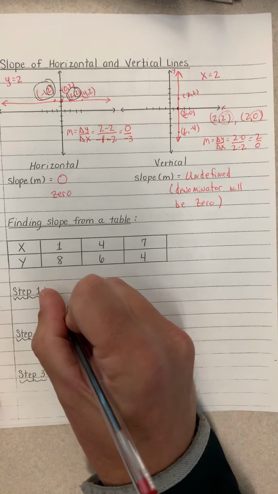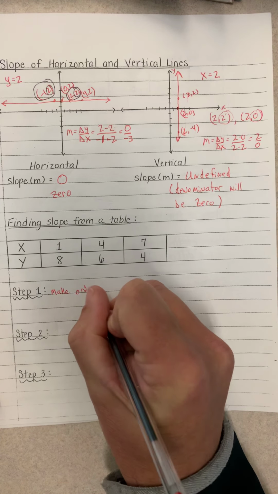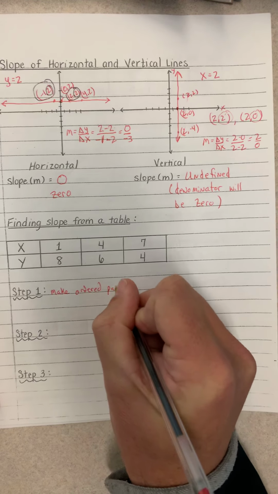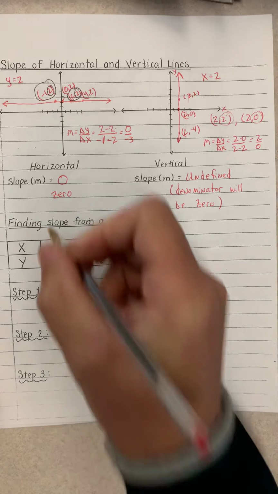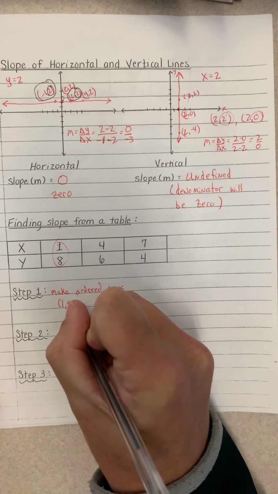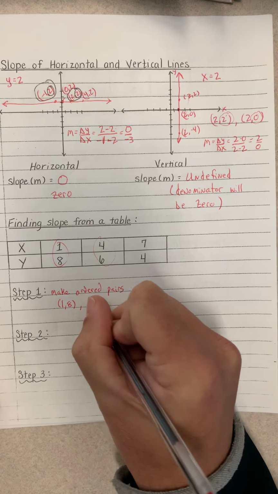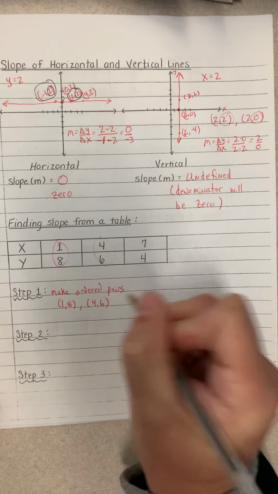First thing you are going to do is make ordered pairs. You have an x of 1 and a y of 8. You have the ordered pair 4, 6.